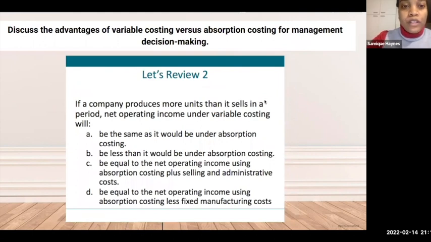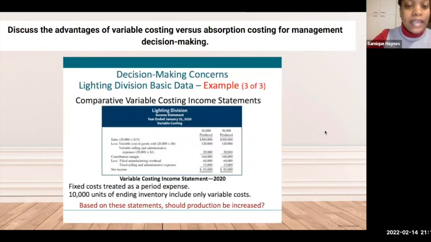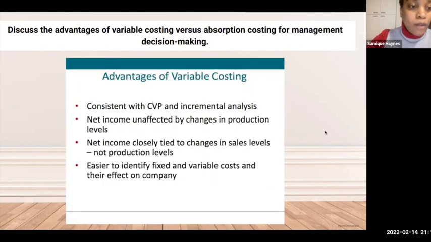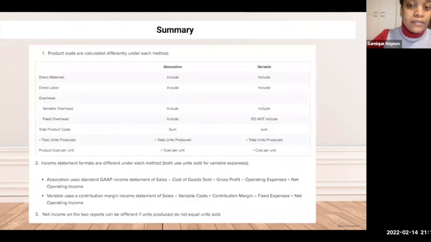So the rest of this chapter is conceptual. We've gotten through all of the quantitative, abstract, kind of confusing parts. What I'm going to ask you to do on your own for this chapter is to look over the advantages of variable costing versus absorption costing for decision making. These slides are taken from the Wiley Plus slides that are already on your e-class.